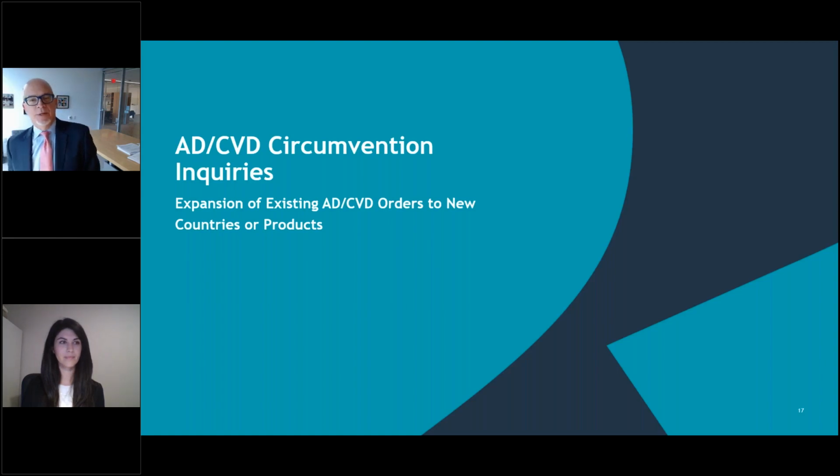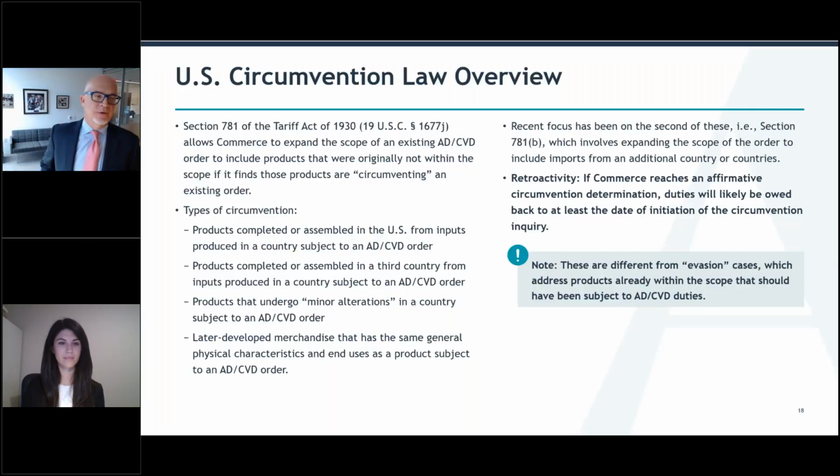Okay, next one. Circumvention cases. The most common these days address what the companies complaining about this activity will call nation jumping, if you will. So for instance, a product is produced in China.